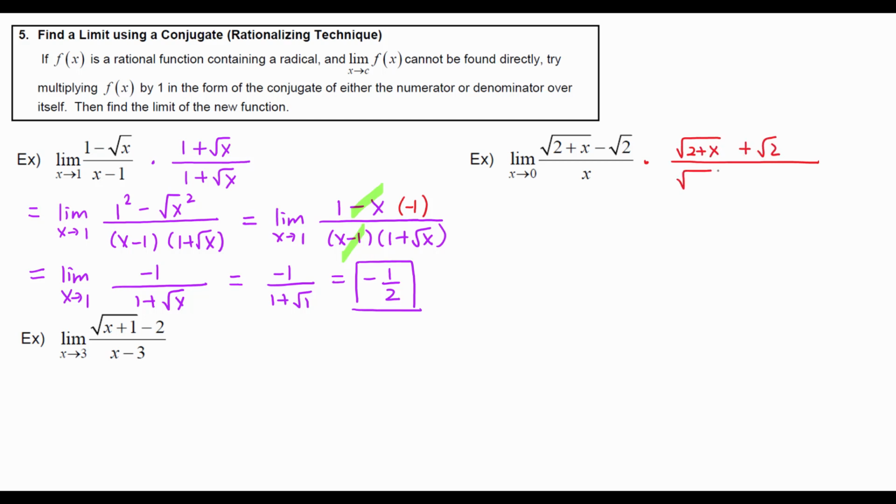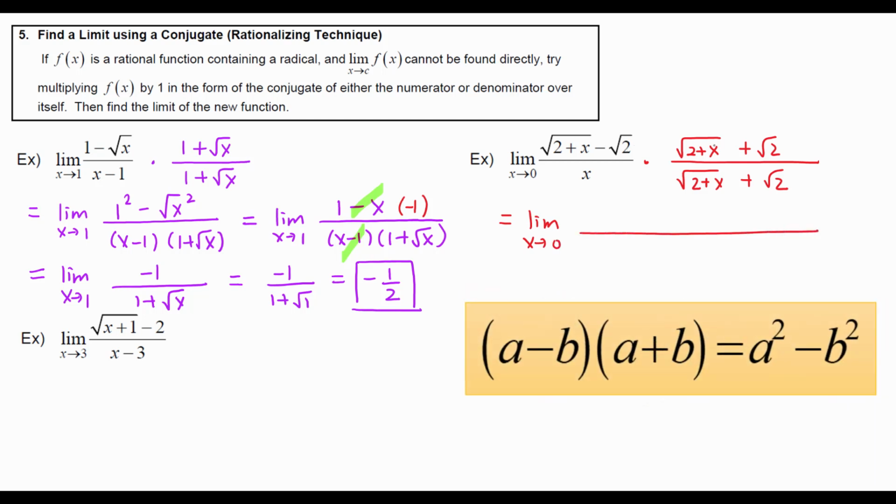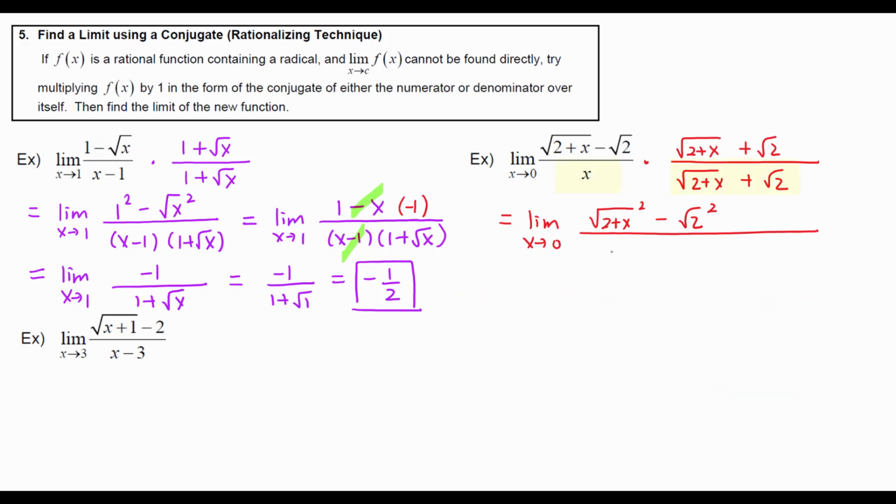So you're going to multiply exactly the same thing in the denominator so that it is quantity 1. So now this will be equal to the limit as x approaches 0 of a minus b times a plus b is equal to a squared minus b squared. And in the bottom I have x times radical 2 plus x plus radical 2.